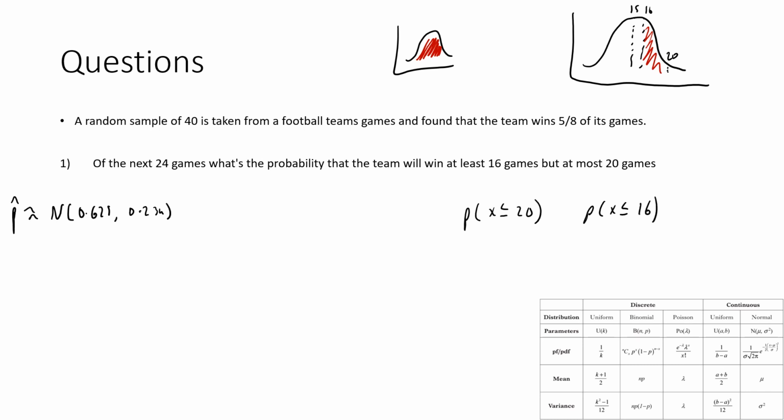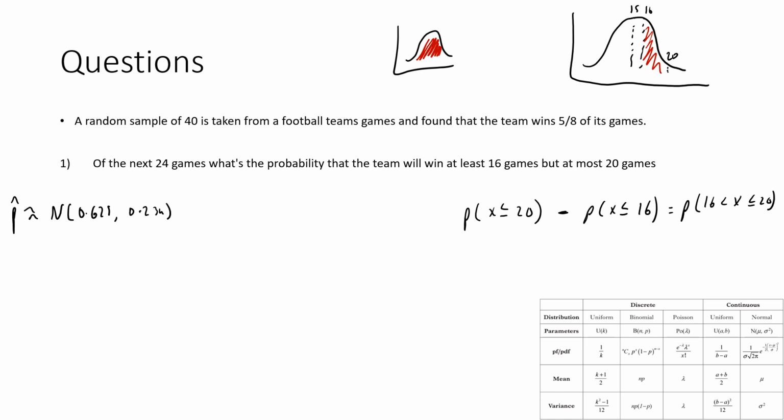If I take away one from the other, I should get the probability of 16 being less than x, which is less than or equal to 20. And that is what the question is asking us.